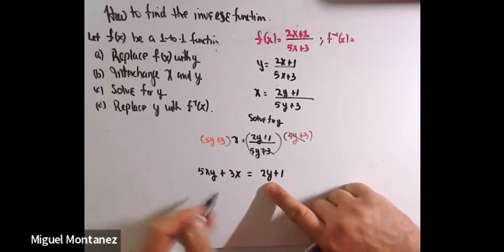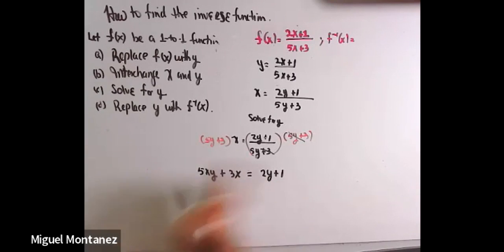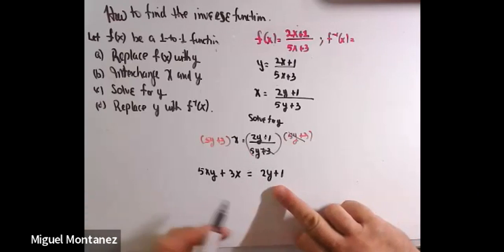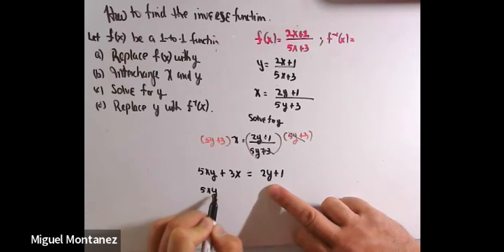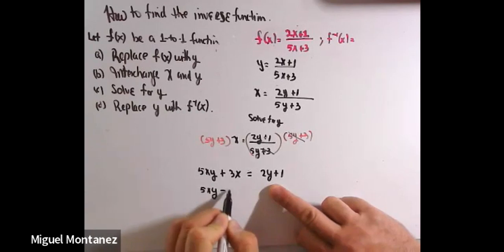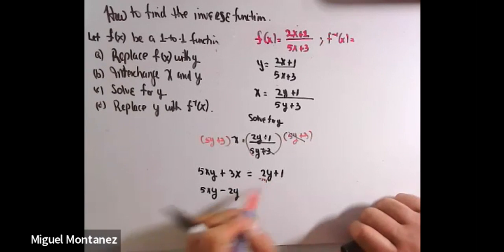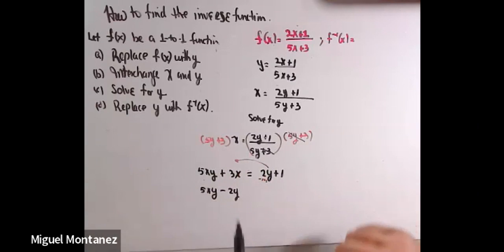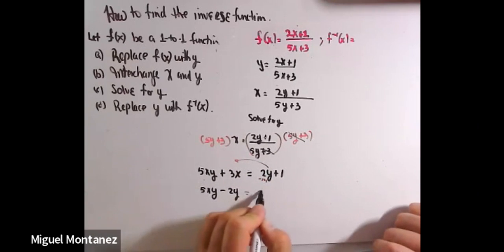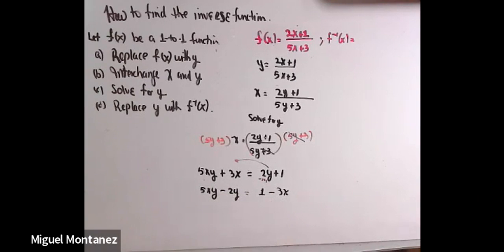So let's just go ahead and move all the terms that contain y to the left, everything else to the right. So we have 5xy minus 2y. No, we subtract 2y. So we go this way, and the 3x goes that way, equals 1 minus 3x.